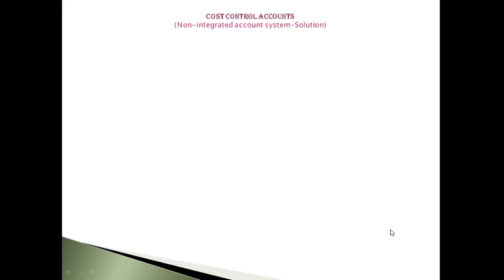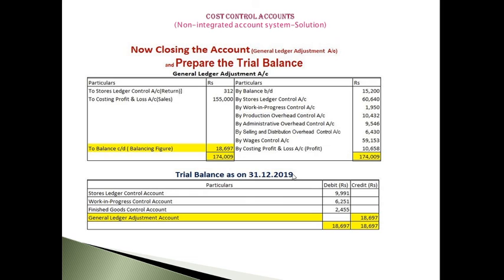Now we have to close the general ledger adjustment account, and finally we have to prepare the trial balance. In the general ledger adjustment account, the credit side is more, credit side totaling 174,009, and it is to be put in the debit side, and there is a balance of 18,697.